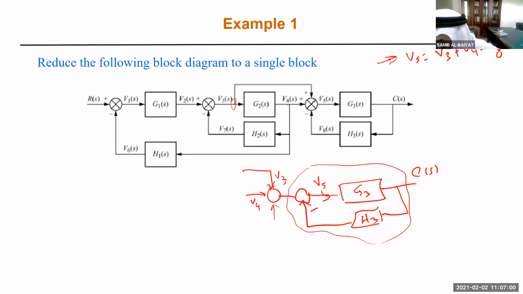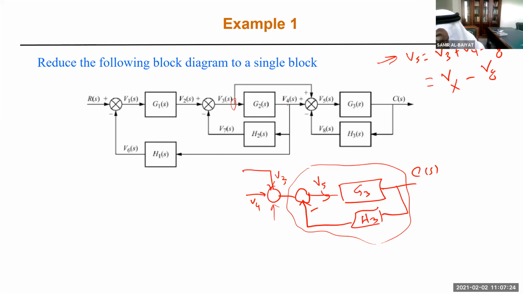Is this clear? Yes. Okay, now let me do it differently. Let me call V3 plus V4, let's say, Vx, minus V8. Can I do that? I'm adding V3 and V4 together and then adding minus V8.